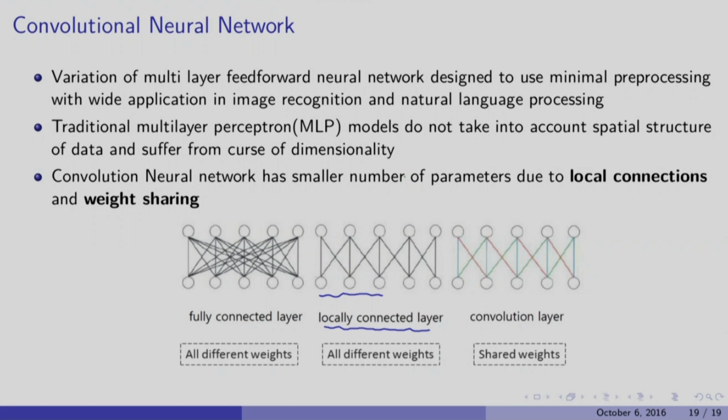So a convolutional neural network has a much smaller number of parameters due to local connections and weight sharing. However, this hinges upon the structure of the problem. Convolutional neural networks have been found to be very useful with image recognition, where this local structure can make a big difference. We will discuss more on this in the coming lecture.